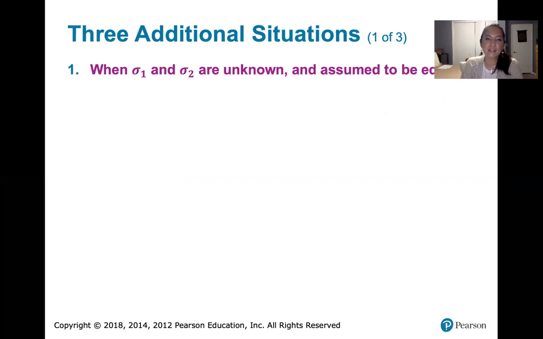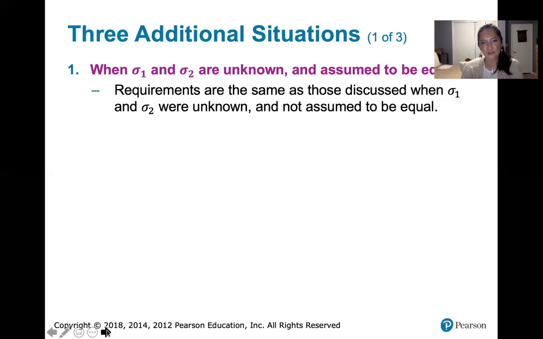If the population standard deviations sigma sub 1 and sigma sub 2 are unknown, but we have reason to assume that they're equal, what we'll do in that case is something called pooling the variances. Here, the requirements are the same as those discussed when the population standard deviations were unknown and not assumed to be equal.